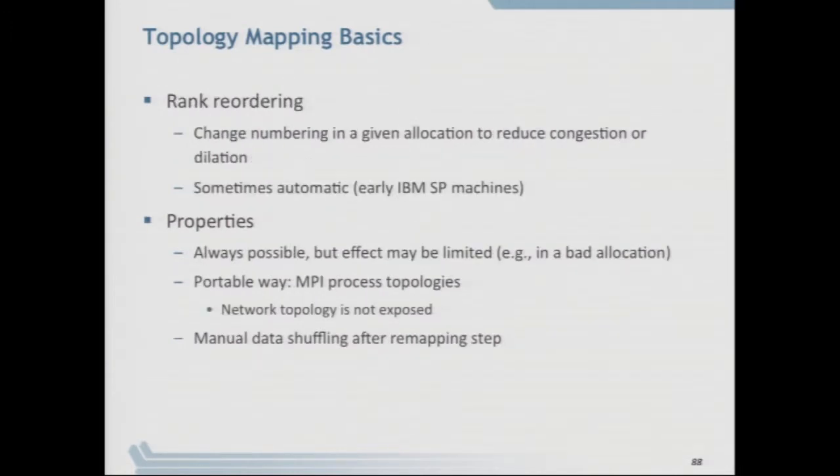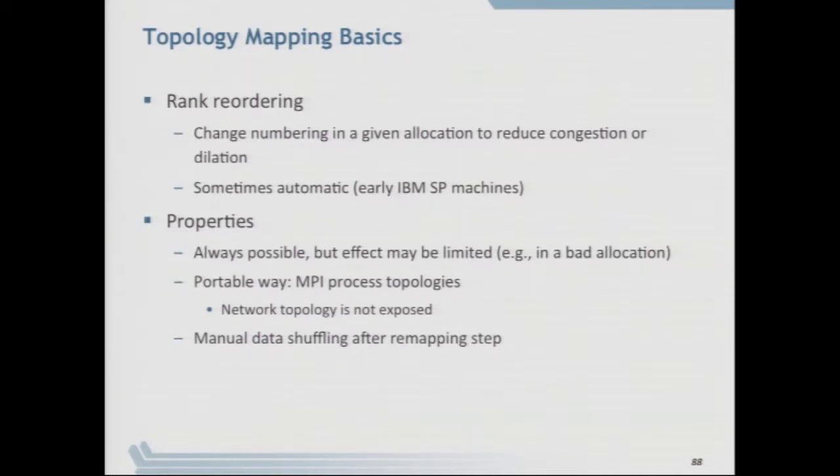The second way is using what is known as the topology mapping functions in MPI. There are two kinds, called Cartesian topologies and graph topologies. When you start your application, MPI just launches it the way it typically does, and you get a communicator, MPI COMM WORLD, with the ranks in whatever order.